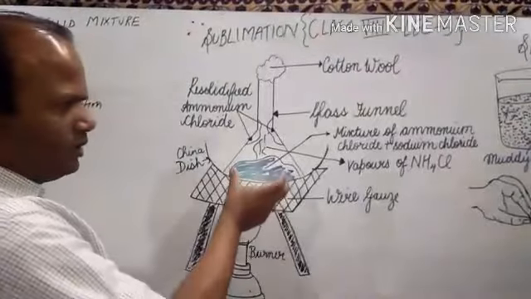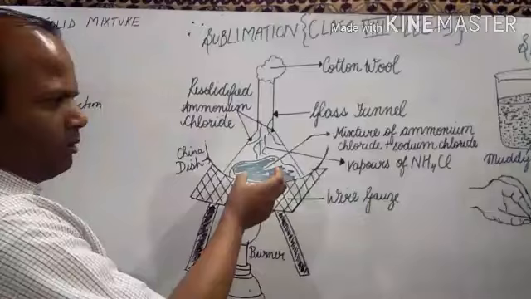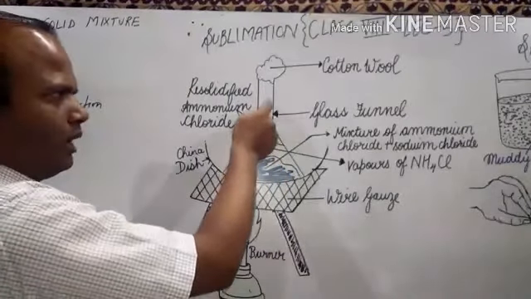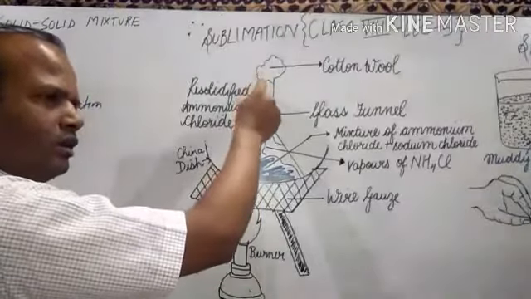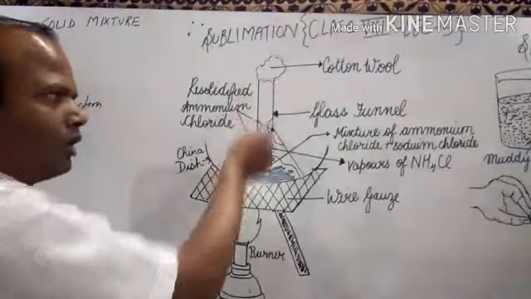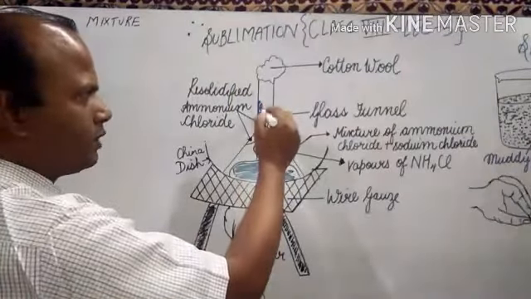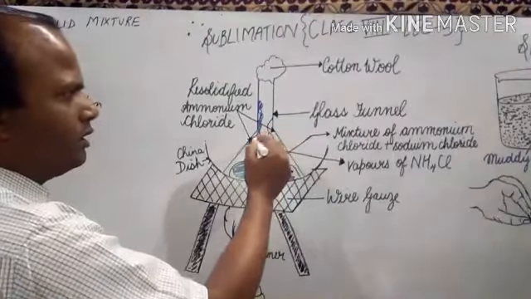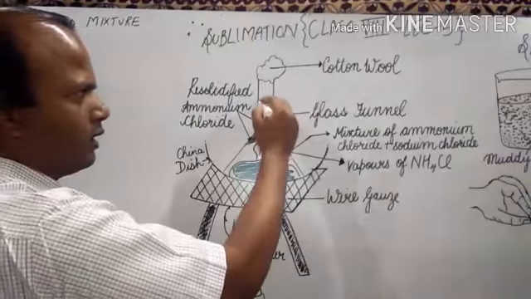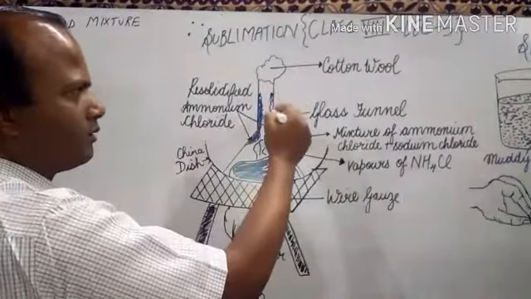Very simple: heat energy is given, the mixture is there, and the sublimation property comes into play. It will sublime and go up, and on further cooling after some time it will resolidify, because the temperature gets lower as we go upward. So it is resolidified here and collected at the upper parts of the funnel.